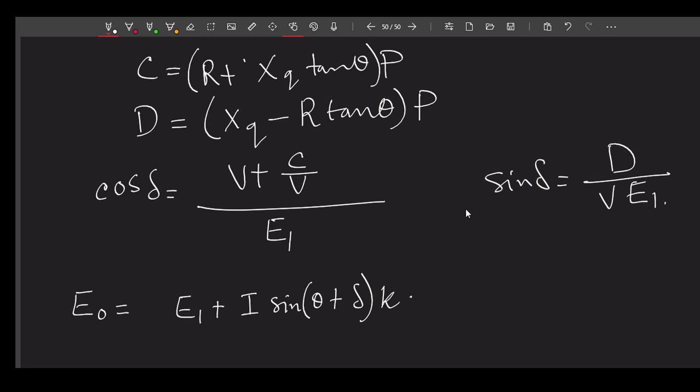So this will give you something like this. I'm not doing the intermediate steps because you can do it.